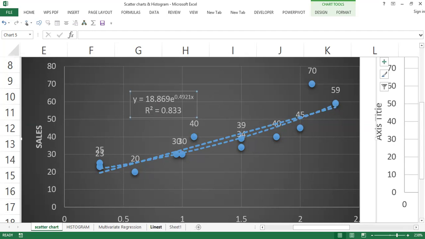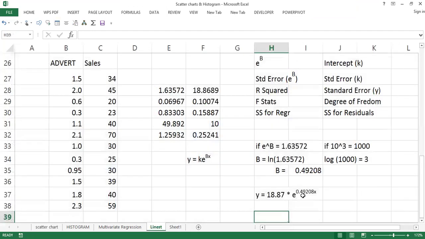And that's exactly what we have here, 0.4921, it was approximated there. So this is the regression model given by the Logest function.